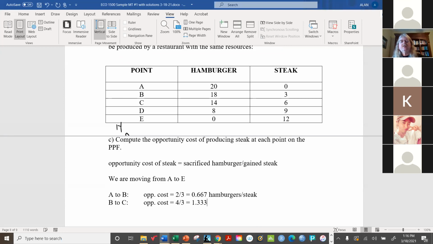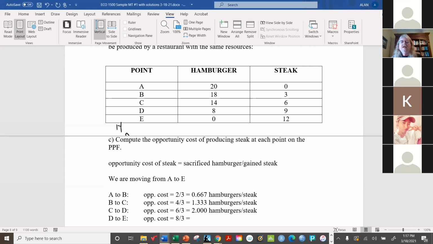So we have 1.333 hamburgers per steak. From C to D, we had to give up 6 burgers to get 3 steaks here. And then finally from D to E, the opportunity cost is 8 over 3, which is 2.67.